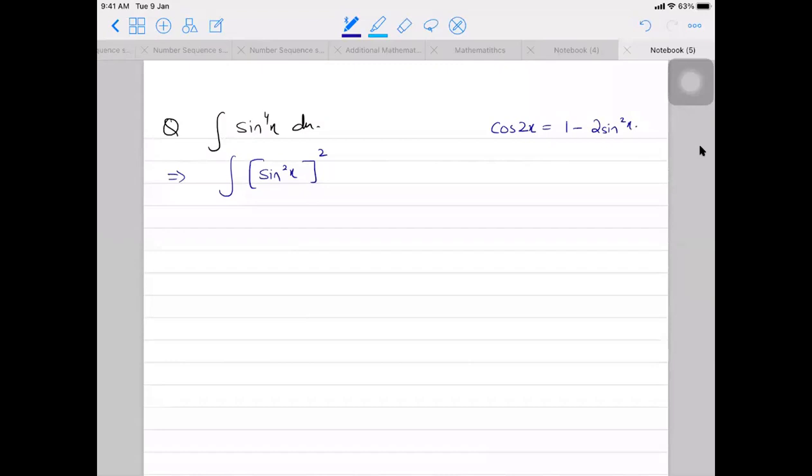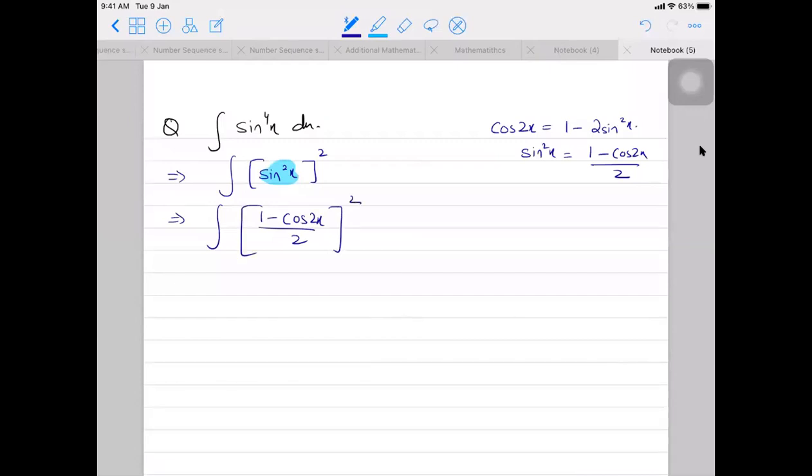So you can replace sine square x with, if I make sine square x the subject, 1 minus cos 2x upon 2. Is that correct? Yes. So sine square x is going to be replaced with 1 minus cos 2x upon 2, the whole thing squared.